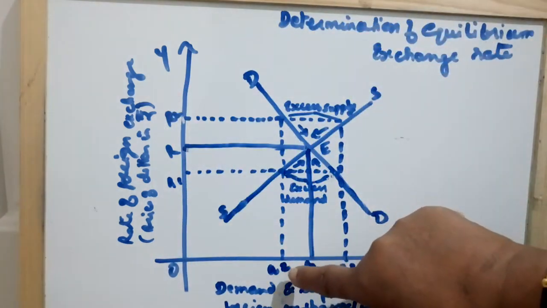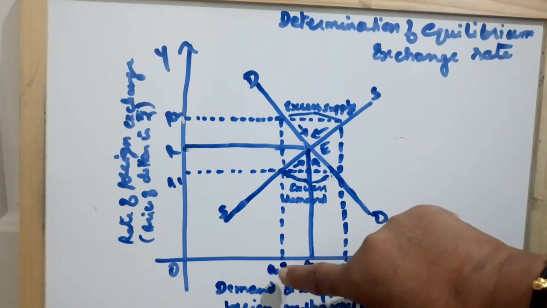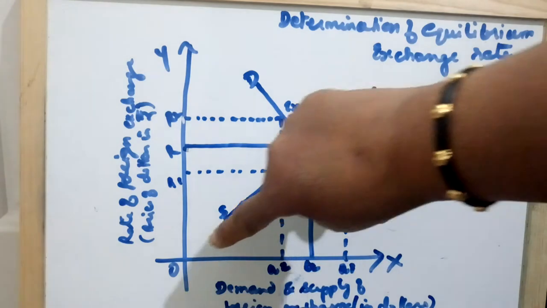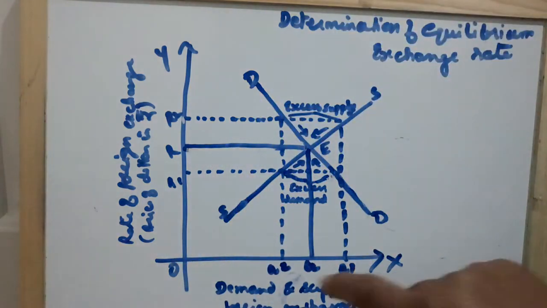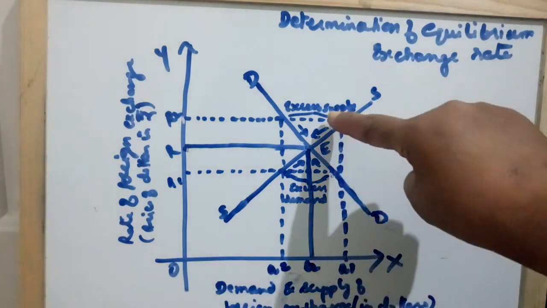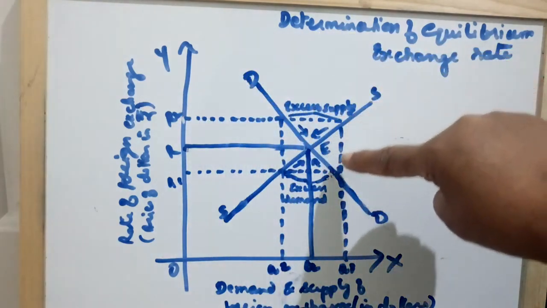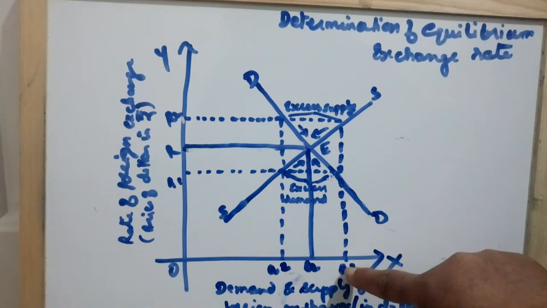You find the demand for foreign exchange falls to OQ2, and the supply will rise to OQ1. You can see the dotted lines. So the supply is increased to OQ1.